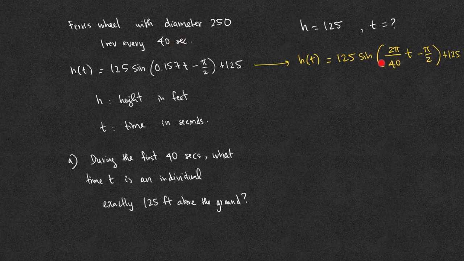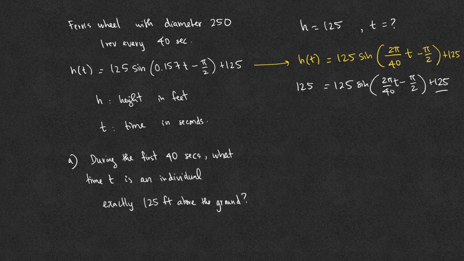This is omega, 2 pi over the period. We then set this equation equal to 125. 125 equals 125 sine of (2 pi over 40 t minus pi over 2) plus 125, and we isolate t.